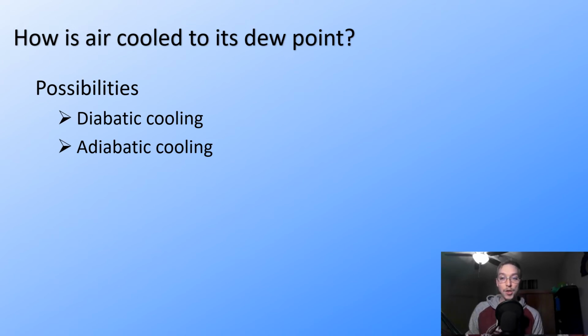Rates of adiabatic change occur differently depending on whether the parcel of air is saturated or unsaturated. So we're going to focus on adiabatic cooling in the next lecture. This one, we're going to be focusing on that diabatic process: the change of temperature in an air parcel not related to vertical displacement of that air parcel.